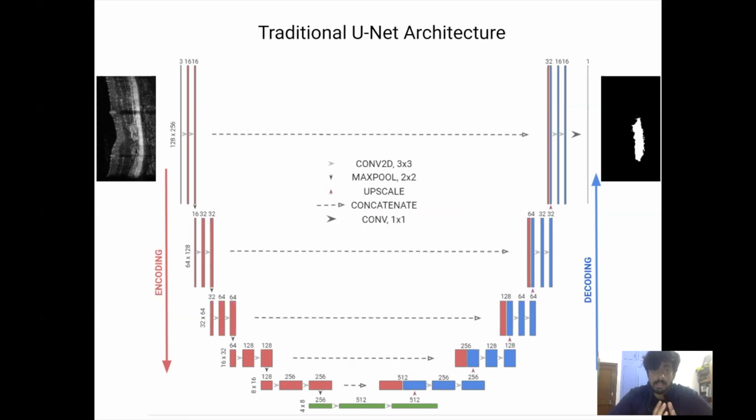So this essentially represents our tumor mask. So basically all the images were fed to this architecture and trained to receive this kind of mask at the other end. So this was a traditional U-Net architecture.